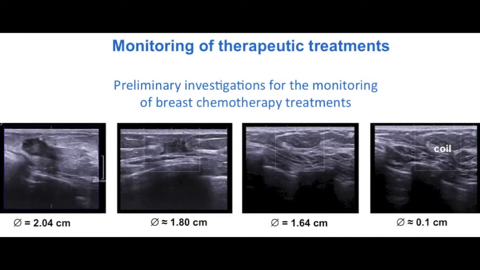So obviously the follow-up is useful for monitoring therapies, but also for monitoring simply the evolution of a disease of an organ. So if I take a simple example, let's say I'm looking at a breast lesion. Usually, when I have a lesion in the breast, I will want to follow up the evolution of its size when I look at B mode. Now, with ShearWave elastography, you will also be able to look at the evolution of the stiffness of that lesion in time.